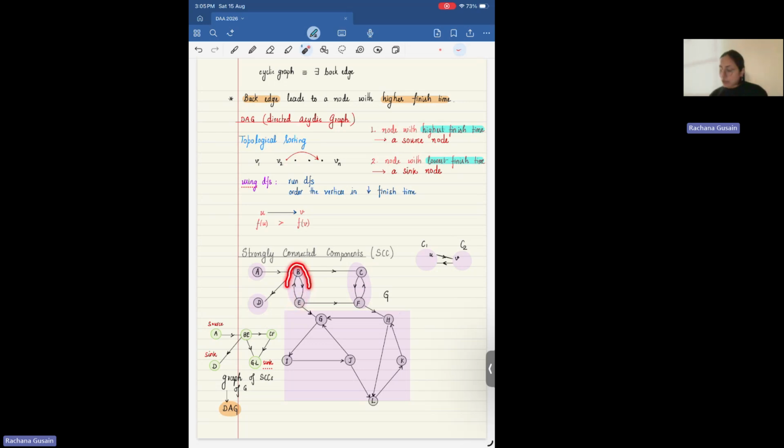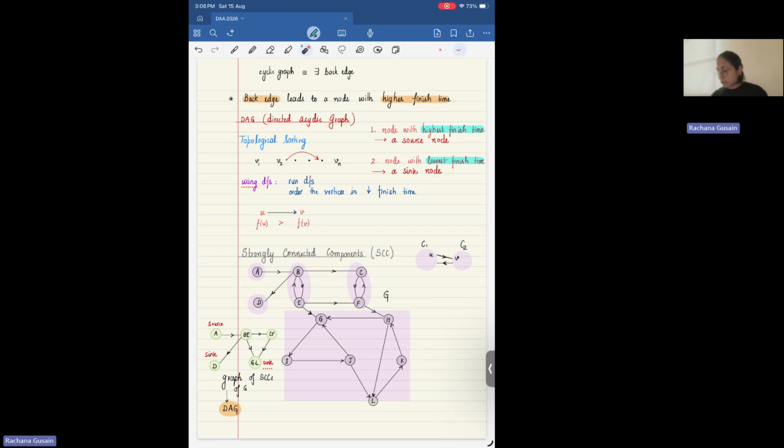If I try to add one more vertex to this subgraph that contains B and E, then you will see that adding that third vertex violates the strongly connected property, and therefore B and E together form a strongly connected component. So I have marked all the strongly connected components in this graph.